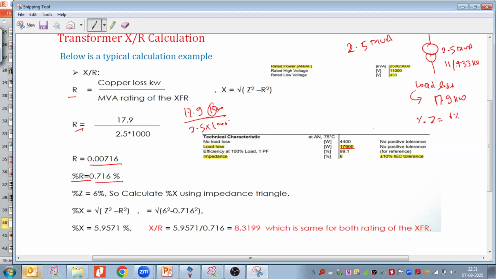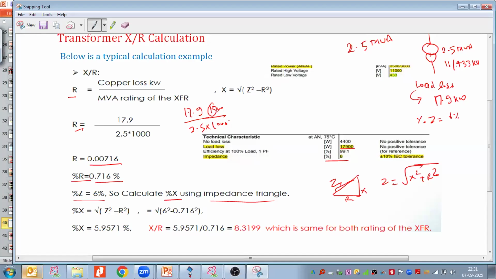So we know the impedance, which is 6%. To calculate the percentage X, we use the impedance triangle formula. In my impedance triangle, I have Z here, R here, X here. So Z would be the square root of X square plus R square. Right.